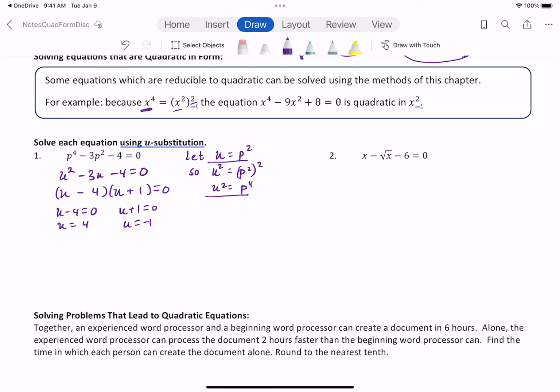Now what's important to remember here is we have not finished solving the problem, right? The original problem is in variable P, and right now we are in U. So now we have to back substitute.